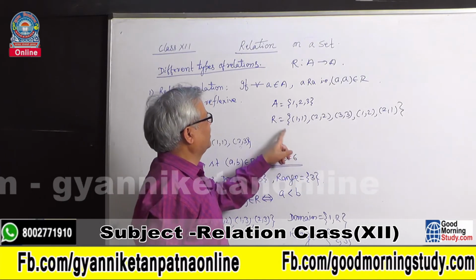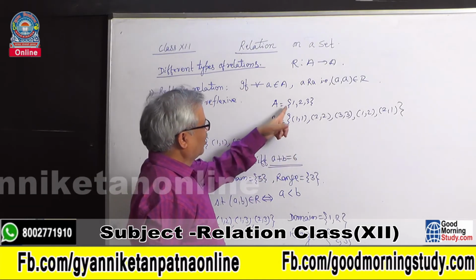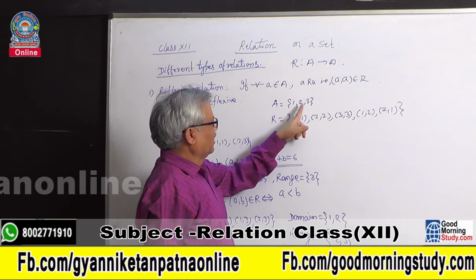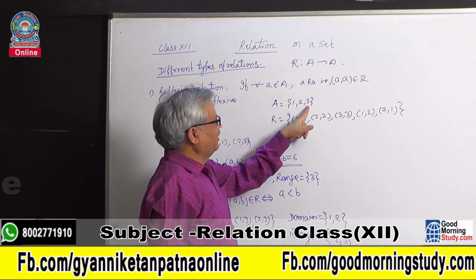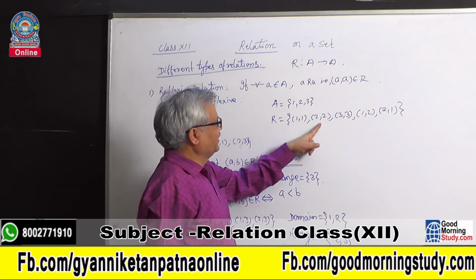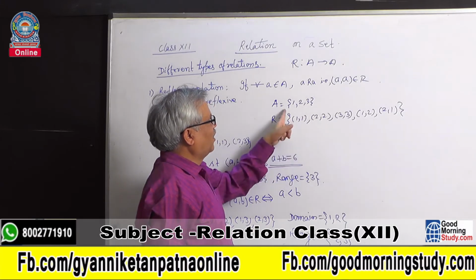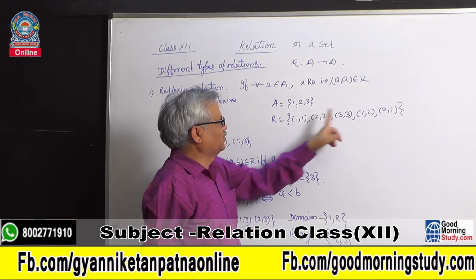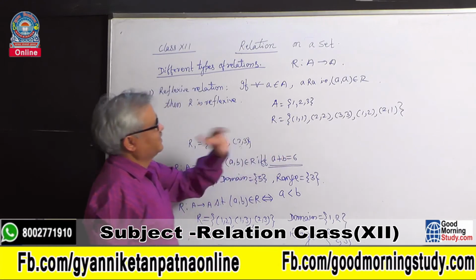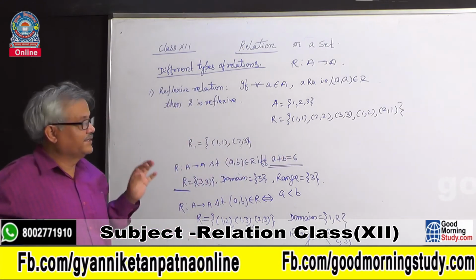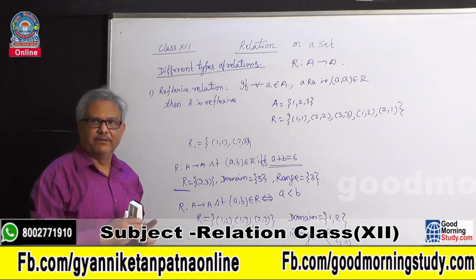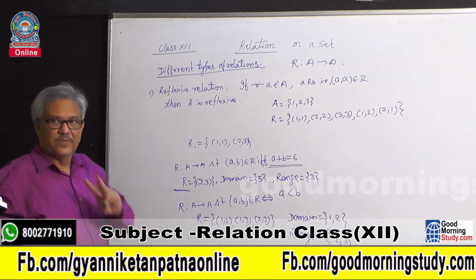For all elements belonging to the set, the elements are 1, 2 and 3. So (1,1) is here, (2,2) is here, and (3,3) is here. So all doublets are present in the relation. So such a relation is a reflexive relation.